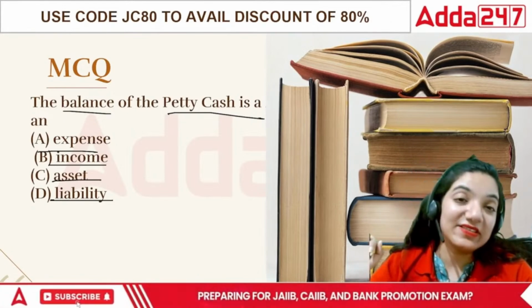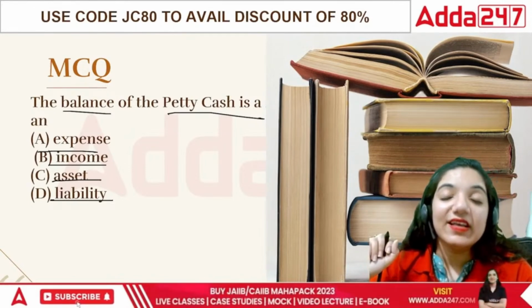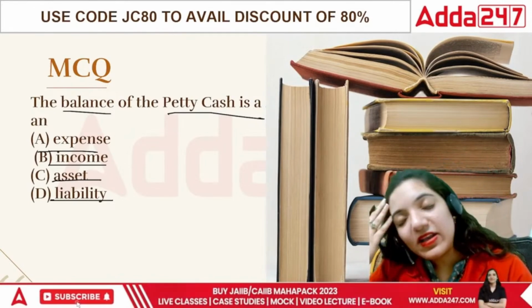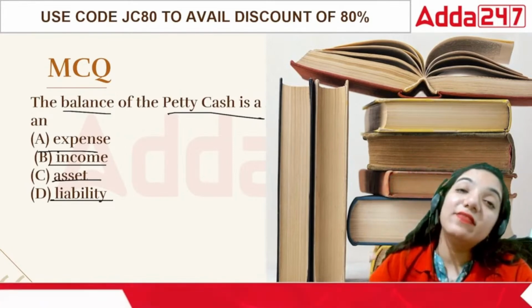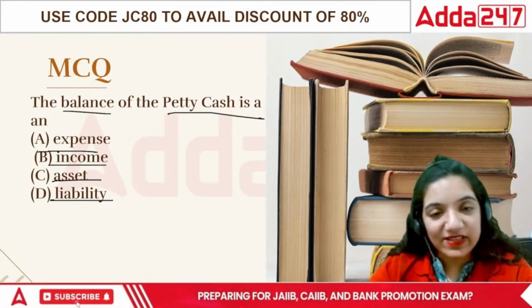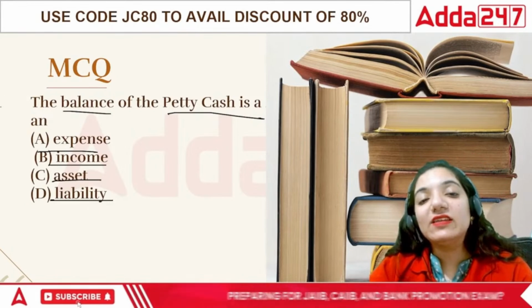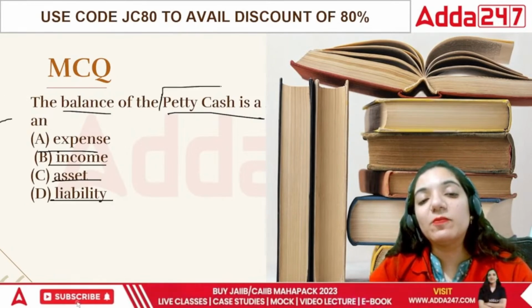Those are minor expenses, stationery based expenses. These expenses are very minute in nature, so we will record them as petty expenses, and whatever money is left after doing all that is called petty cash.